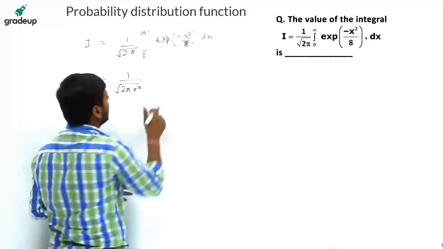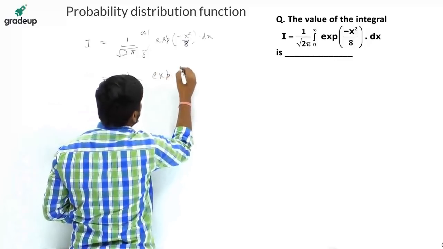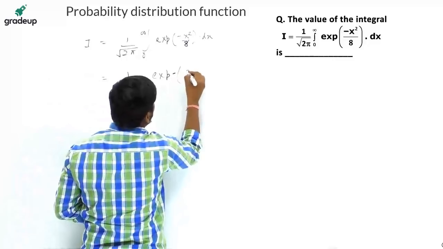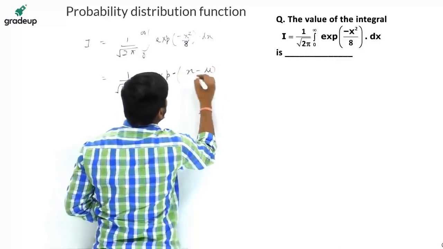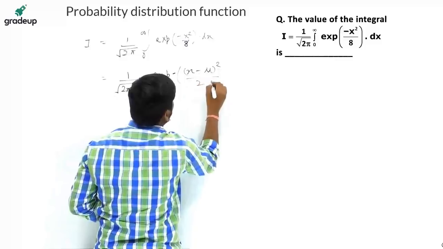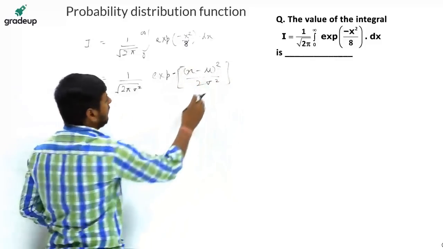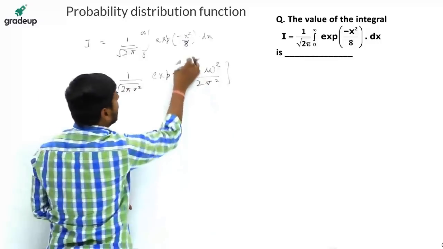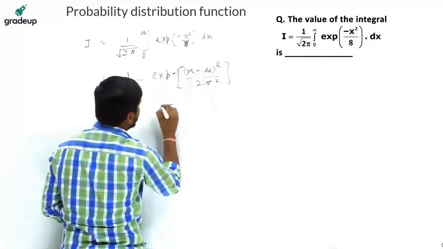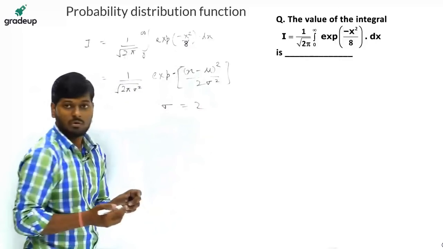For once leave this. Exponential minus (x minus mu) whole square divided by 2 sigma square. So what is sigma here? 2 sigma square is equal to 8. So sigma is equal to 2. Okay.